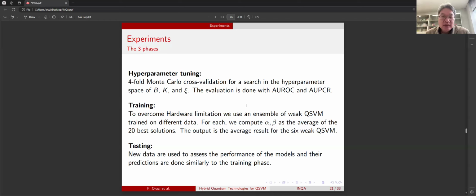So in this sense, if you had this kind of early-stage fault-tolerant quantum computer, do you expect some advantage compared with the NISQ and quantum annealing support vector machine?